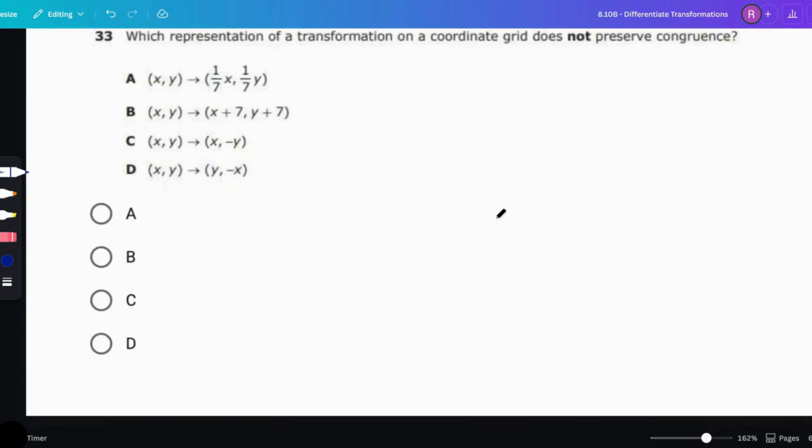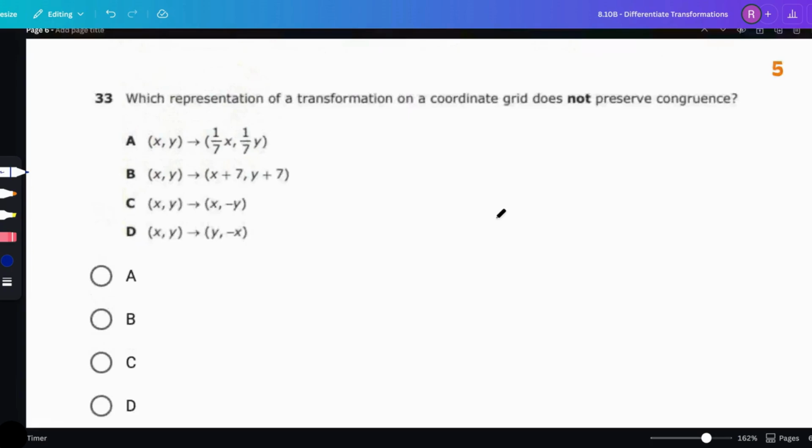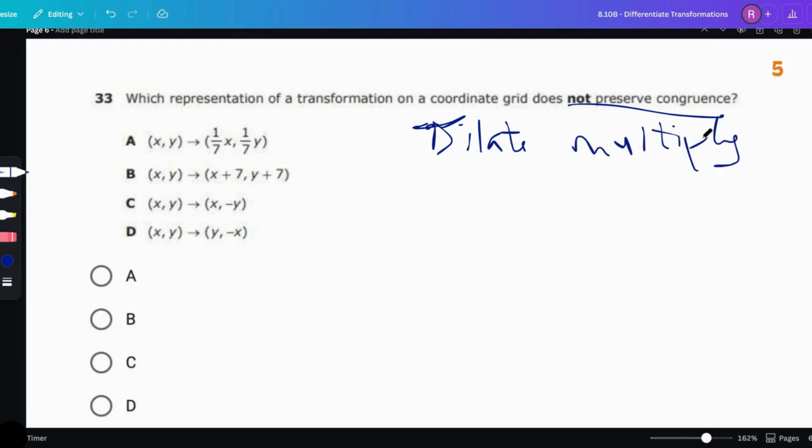So now, which representation of a transformation on a coordinate grid does not preserve congruence? So, like I said, dilation does not preserve congruence. When you dilate, the size changes, and dilation means you are multiplying. So once you multiply, the figure either becomes bigger or reduces.